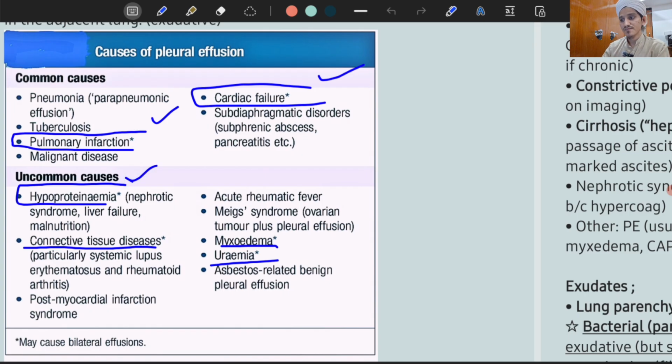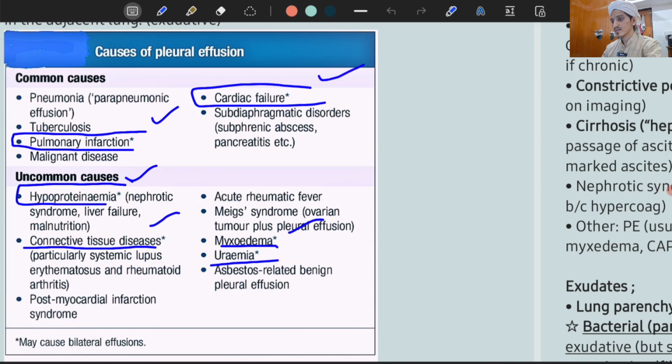Hypoproteinemia is also systemic, whether due to kidney, liver, or malnutrition. Connective tissue disease affects the whole body and causes bilateral pleural effusion. Myxedema is whole body, and uremia is whole body. So these can cause bilateral pleural effusion.